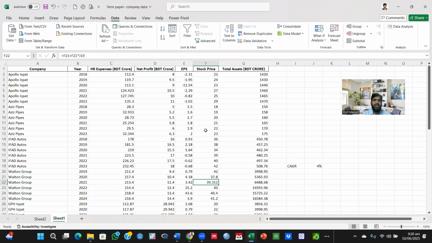In that case, you can say that you have used the CAGR method to make a forecast. That means this is a forecasting tool. So you can use a forecasting tool to know the missing values.